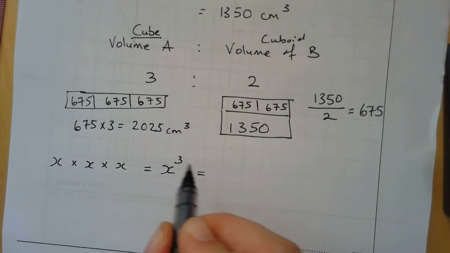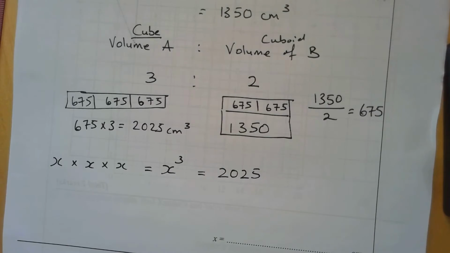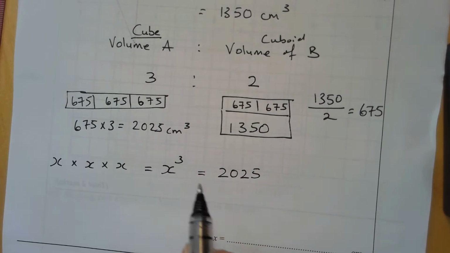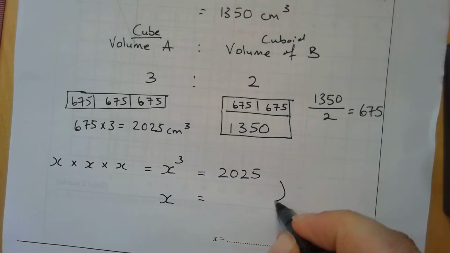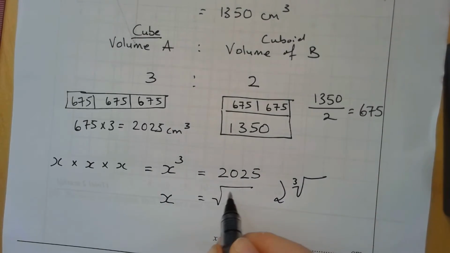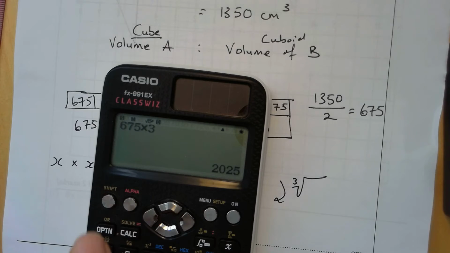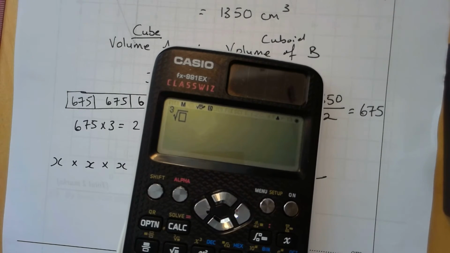X cubed is the same as, we know the volume here, 2025, and therefore to do the inverse of cubing, we have to cube root. So x equals the cube root, with a little 3, of 2025. On your calculator, mine has a special shift button that, if I click shift, puts the 3 on there.